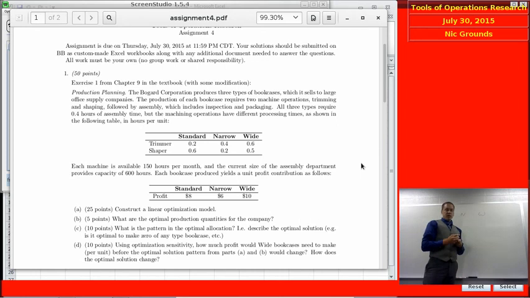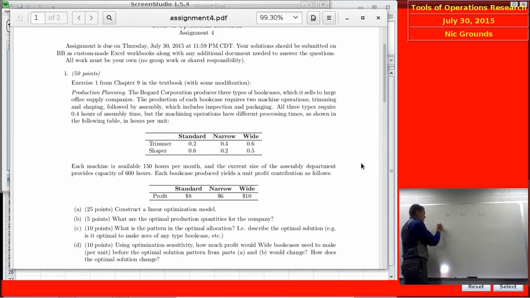Okay. So the next question would be, what's the objective function? And I believe it says in the problem description, but as with most problems, you're either going to minimize costs or maximize profit. In this case, we're given profit numbers, and the question is, how do you maximize profit? By building the right number of the right kinds of bookcases.